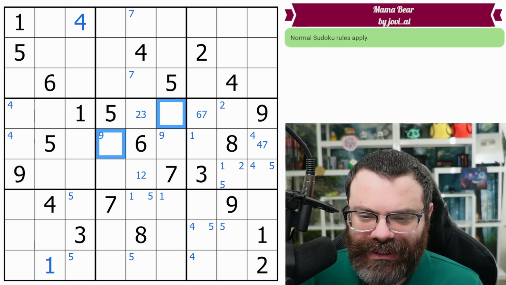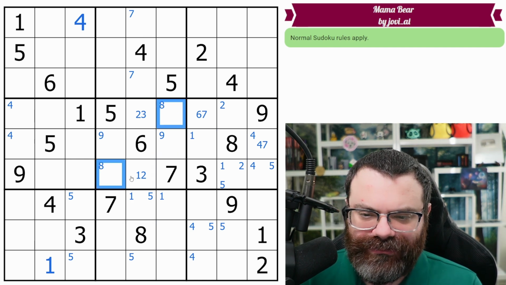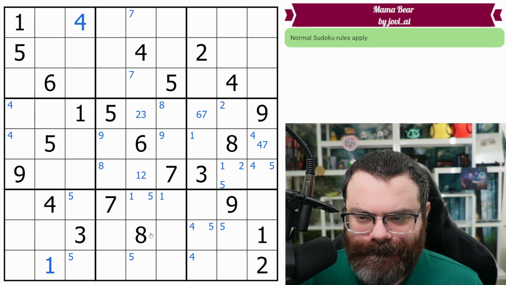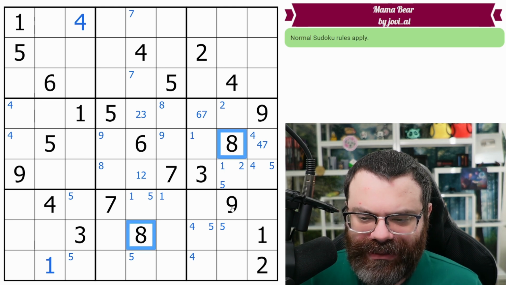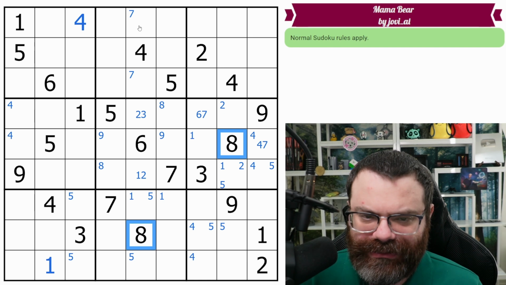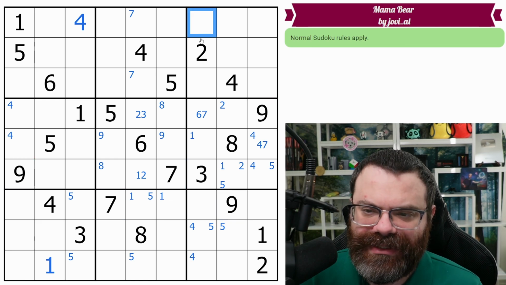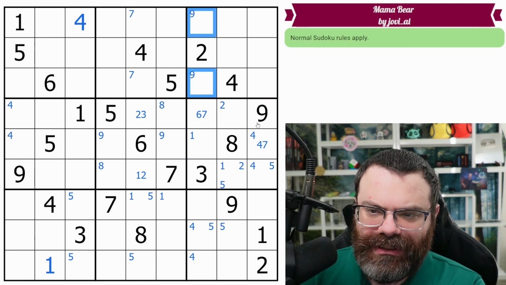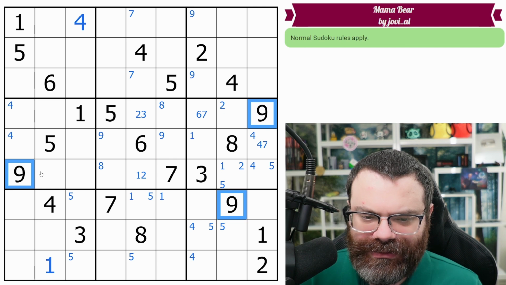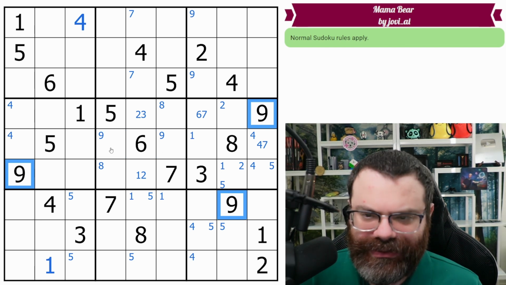These 8s actually put an 8 in one of these two. Do they do anything else? Not really. Okay, let's look at the 7s. There's just these 2 7s. And then 9s, we got 3 9s. Okay, so I missed that 9 is up here. Okay, and we got these 9s here.